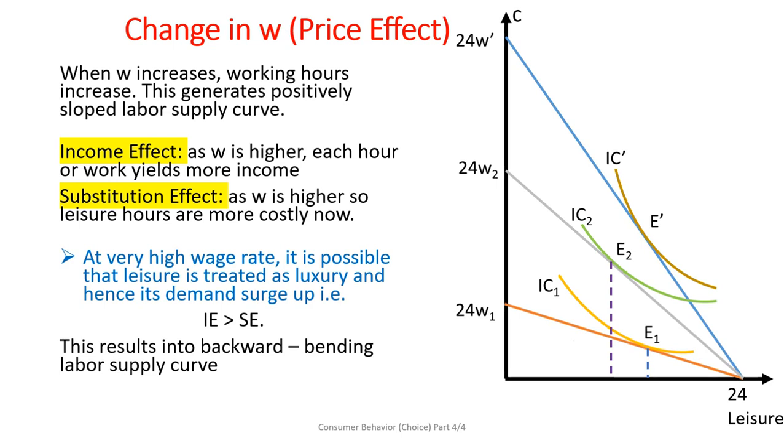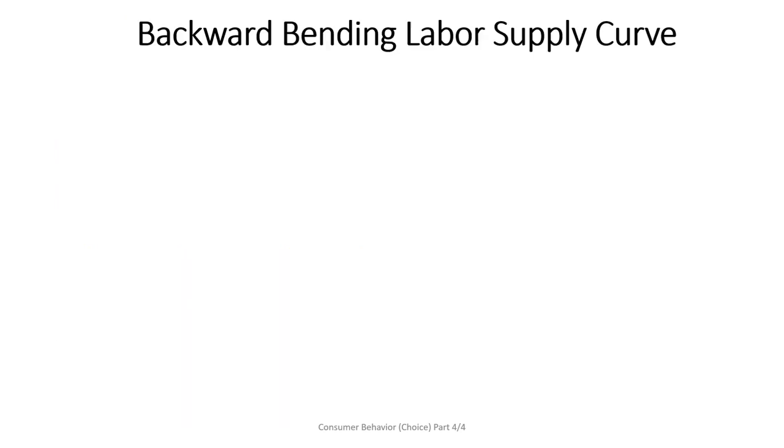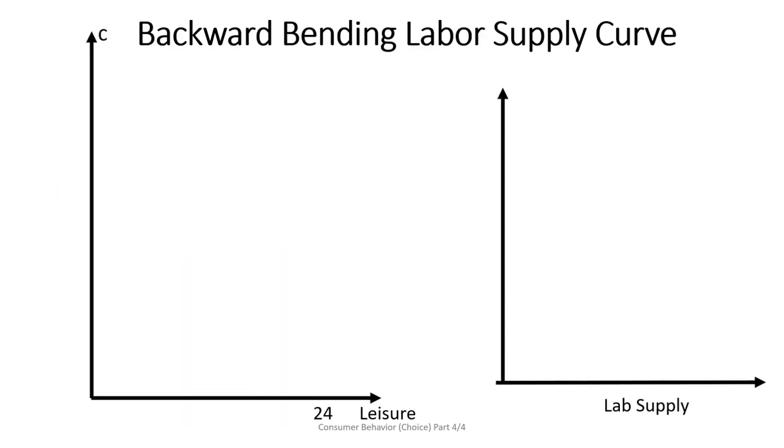So connecting them with the labor supply curve, we can see that at point W1 the labor supply is represented by the number of hours total, that is 24, minus the number of hours spent in leisure.